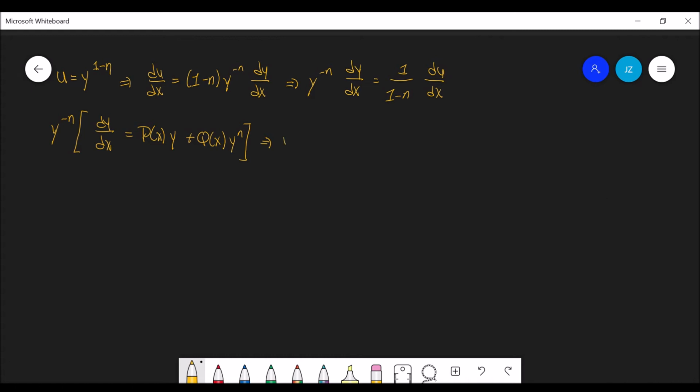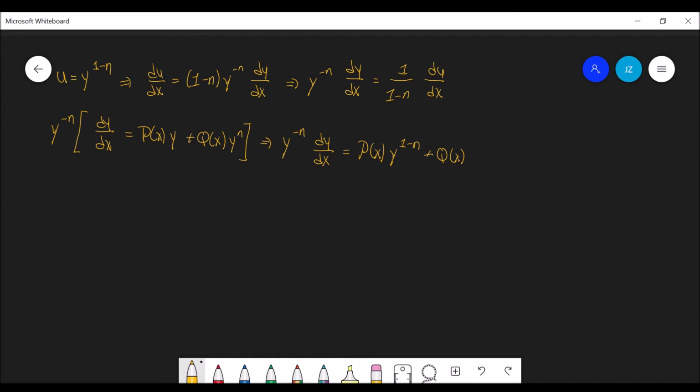This will give us y to the minus n dy/dx equals p(x) y to the 1 minus n plus q(x).